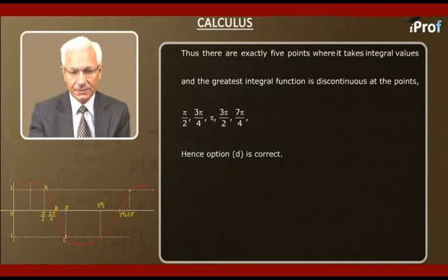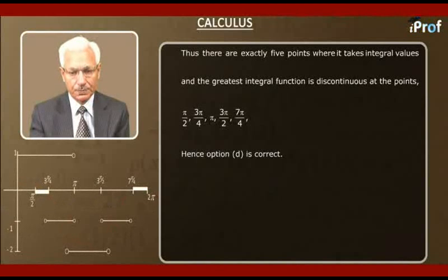Now, knowing the fact, the graph tells us the graph of f(x) equal to cos x plus sin x as it goes from 0 to 2 pi as shown, and the corresponding graph of the greatest integer function is also shown in diagram 2.